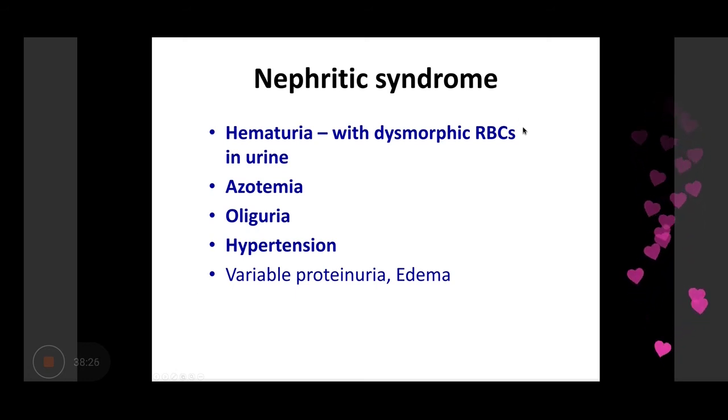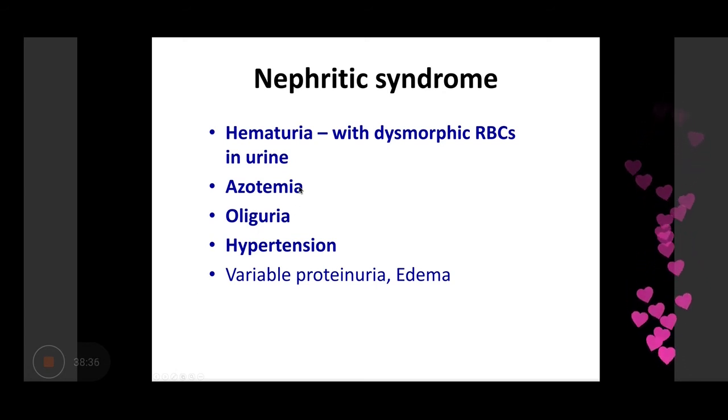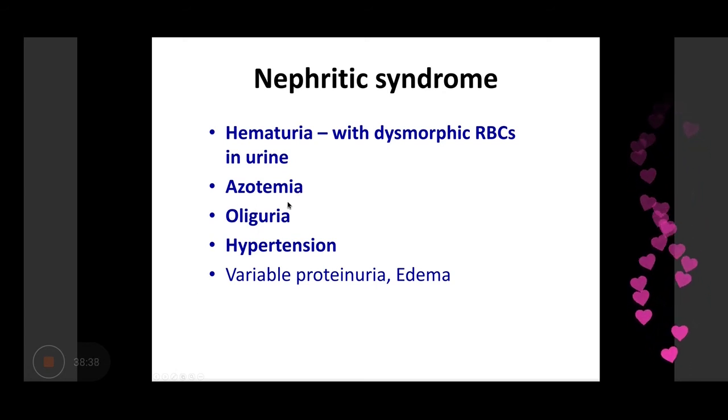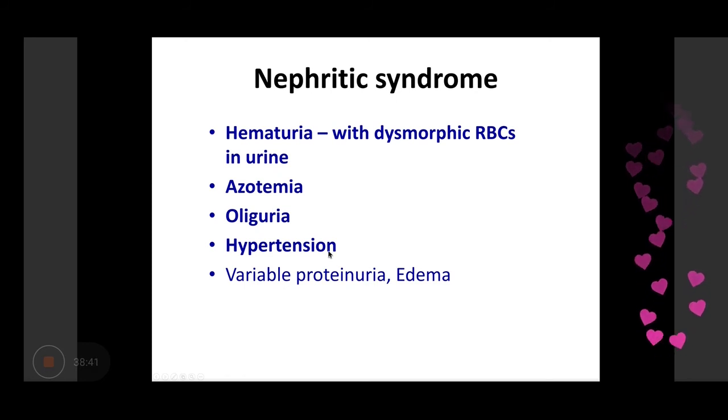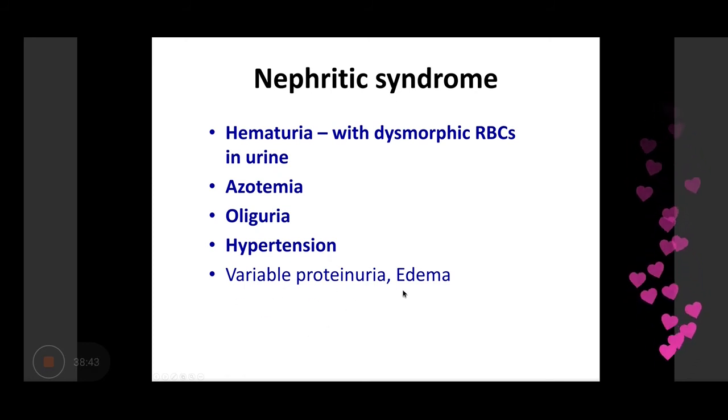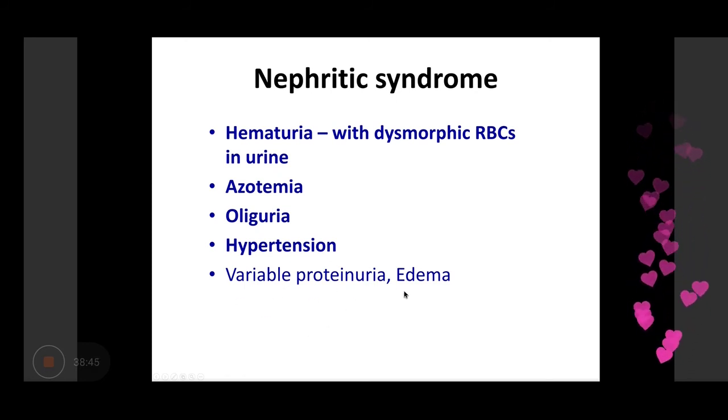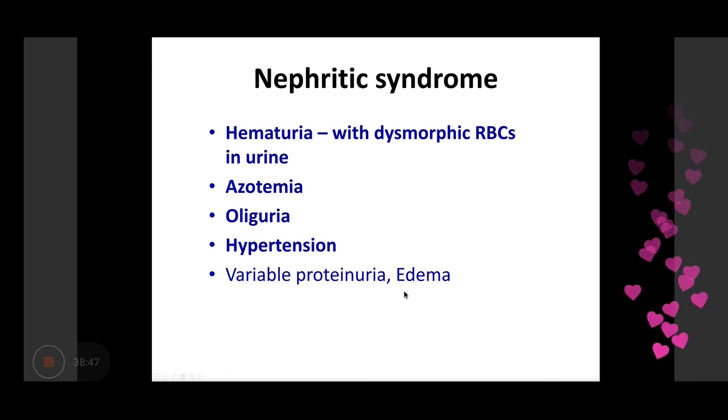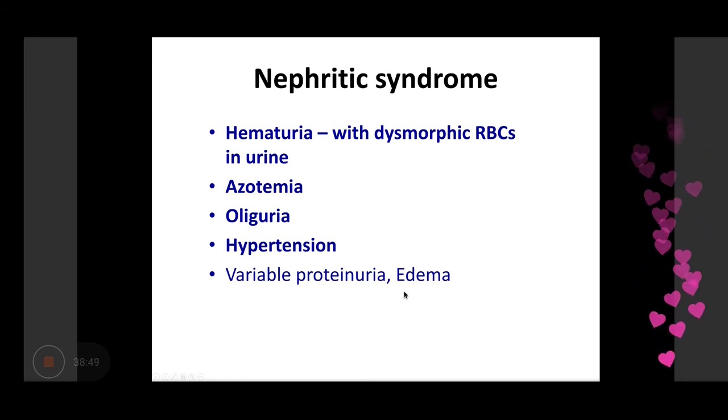I've already explained in the last lecture what dysmorphic RBCs look like in urine. So the patient has hematuria with dysmorphic RBCs. The patient has azotemia, that is rise in serum creatinine levels, with some degree of oliguria and hypertension. Some amount of proteinuria can also be seen alongside, as well as some degree of edema.